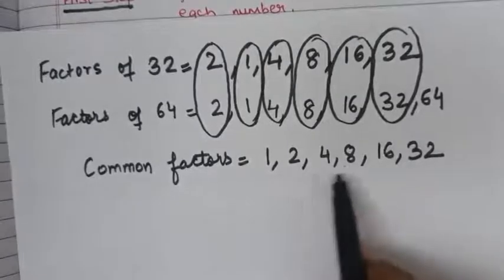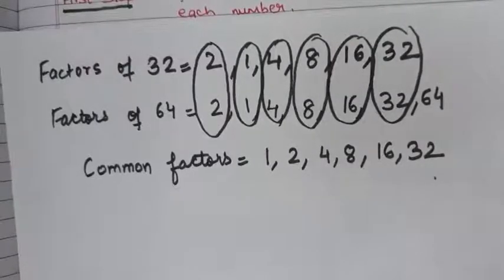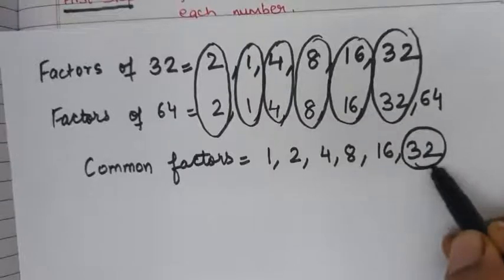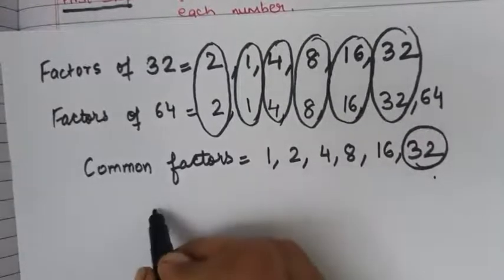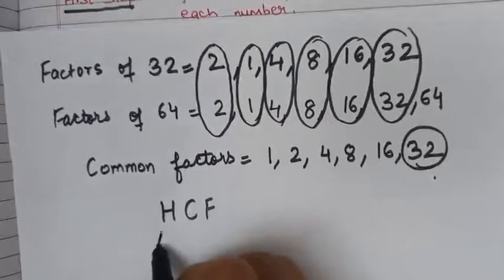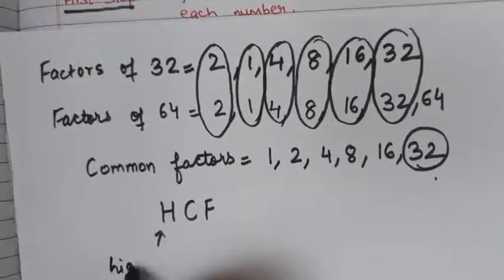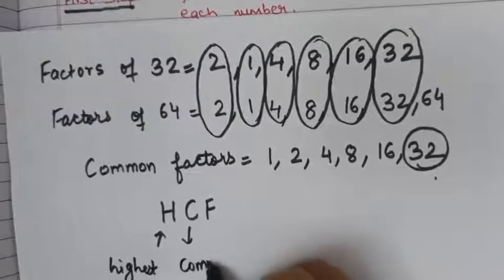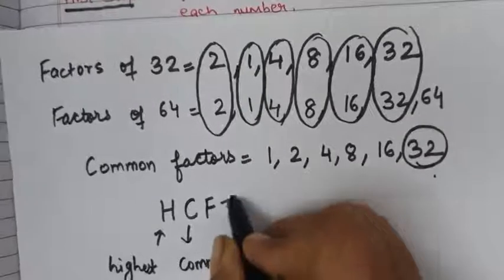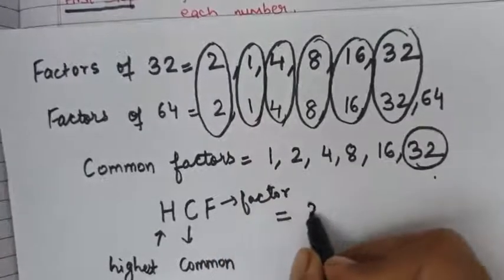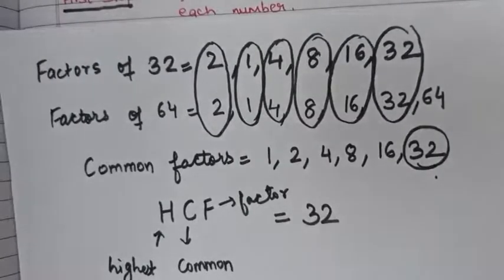And out of these common factors, which is the highest factor? Yes, this is the highest factor. So our HCF, that is highest, then it should be common also. Highest common factor by listing method is 32. Clear?